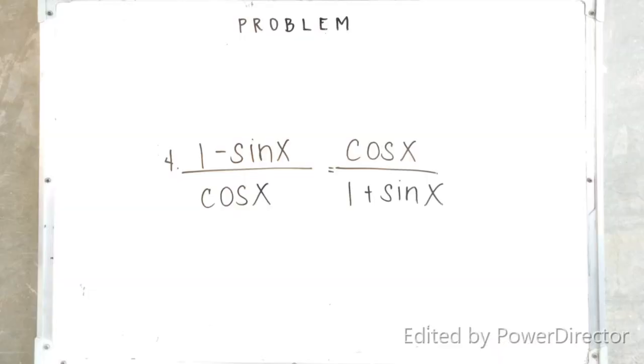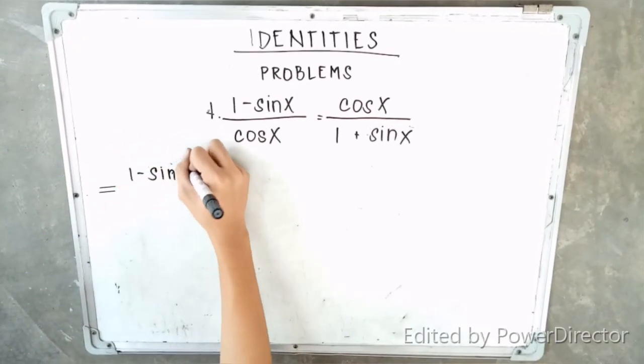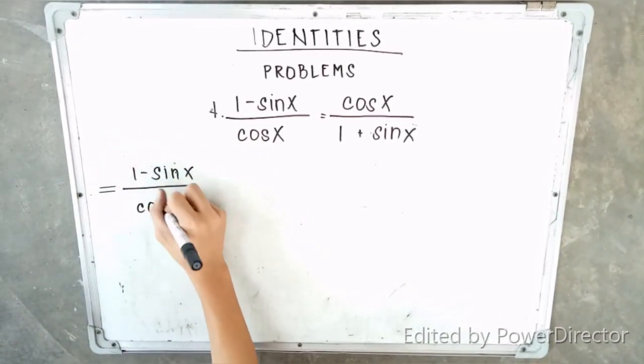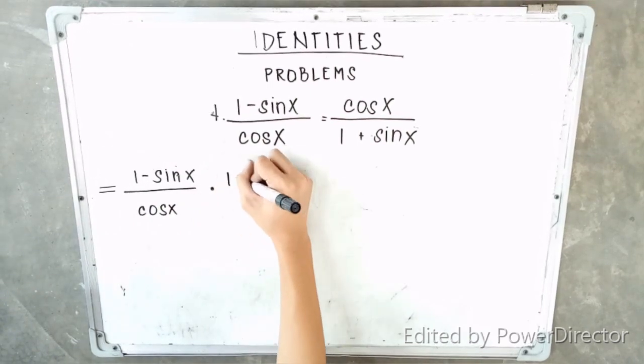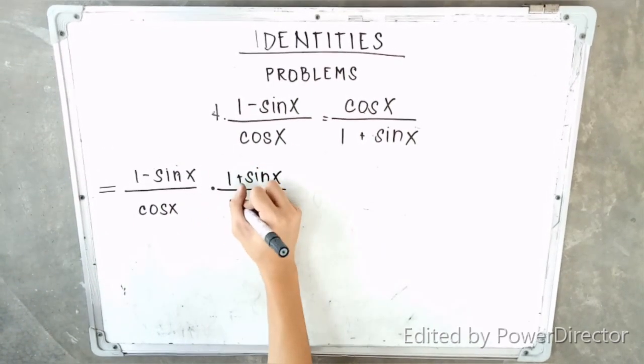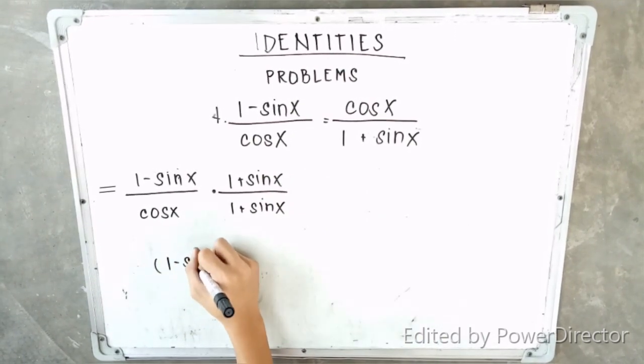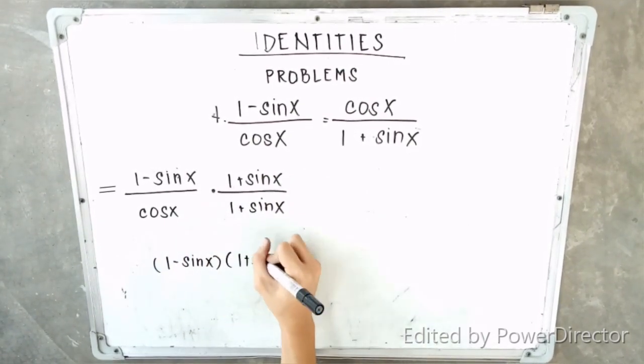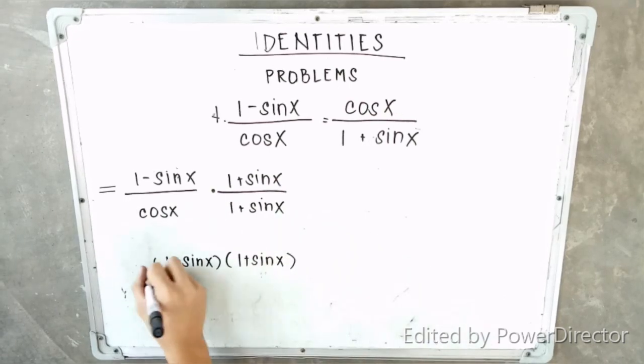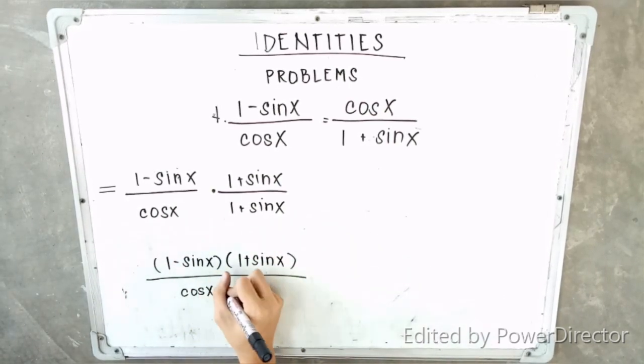For number 4, 1 minus sine x over cosine x is equal to cosine x over 1 plus sine x. Multiply 1 minus sine x over cosine x by 1 plus sine x over 1 plus sine x, which will be equal to 1 minus sine x multiplied by 1 plus sine x over cosine x times 1 plus sine x.